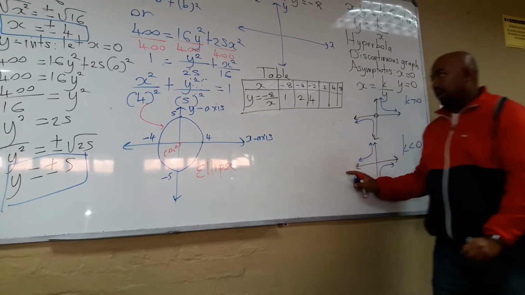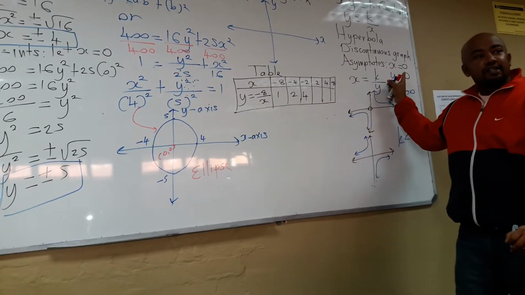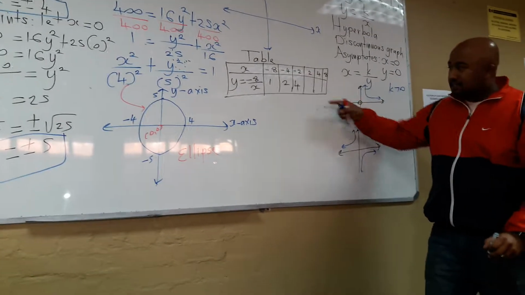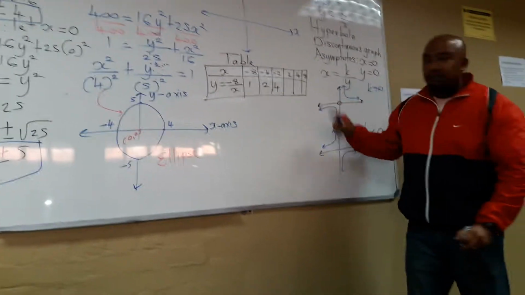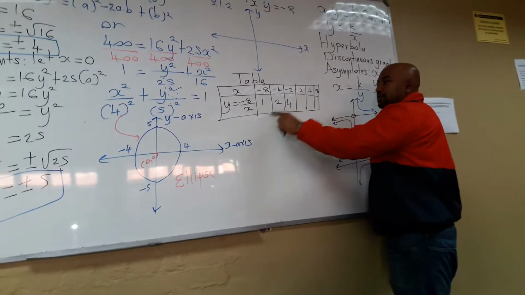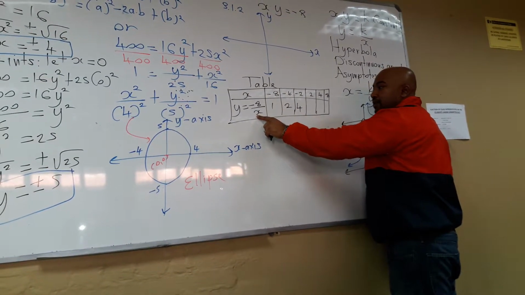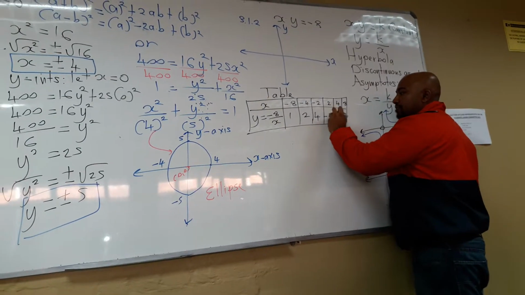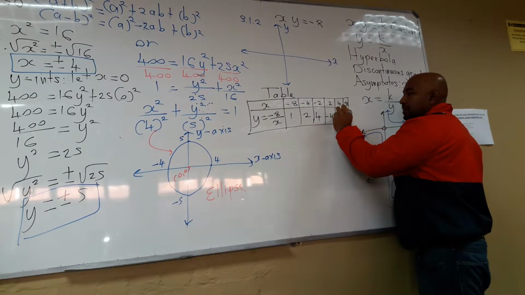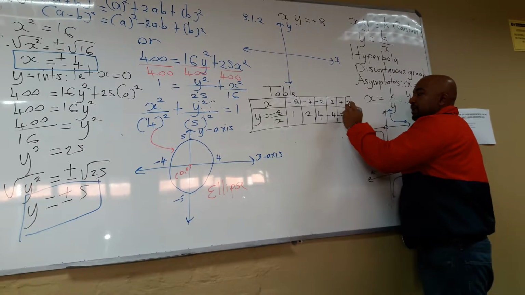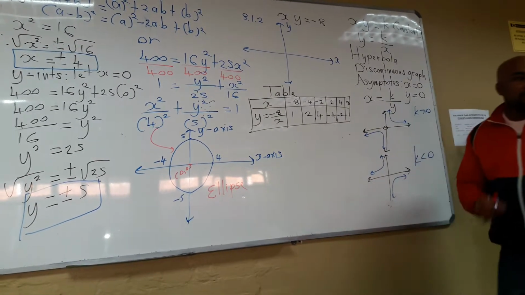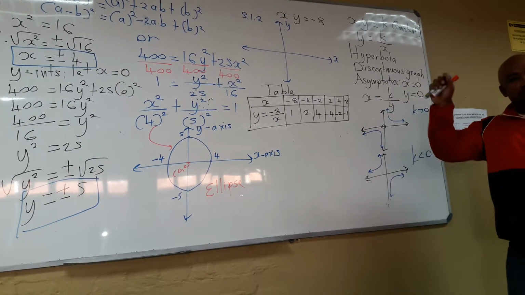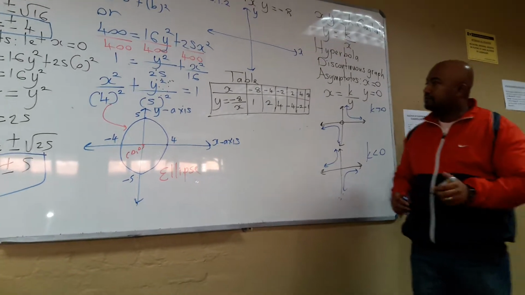And then it will be almost the same results, just that the signs will be different. When x is equal to a positive 2, minus 8 divided by positive 2 is minus 4, and then 4 will be minus 2, and then 8 will be minus 1. So you should have an idea of the shape of the graph, the coordinates.